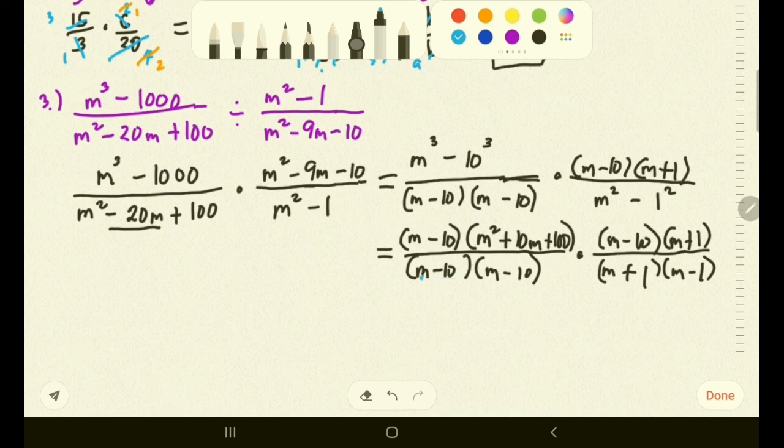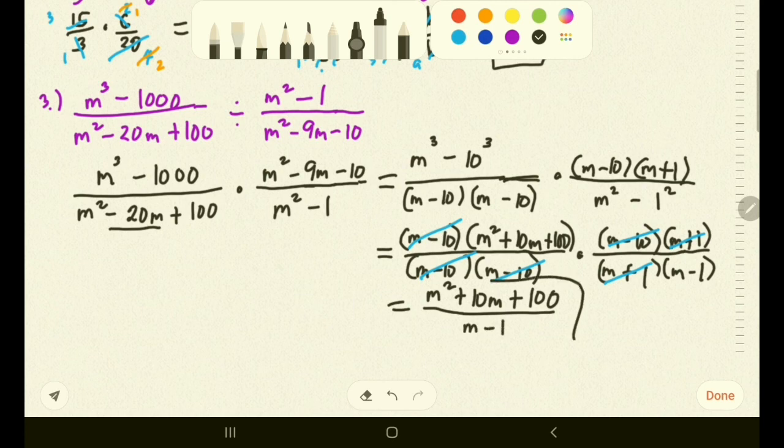So m minus 10, and you have another m minus 10 for numerator and denominator. Again, m plus 1. So the final answer would be m squared plus 10m plus 100 all over m minus 1. That's the answer.